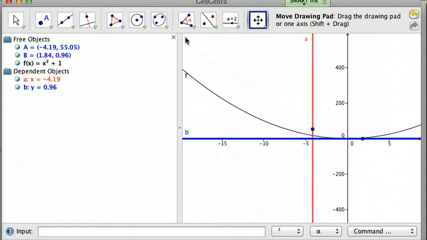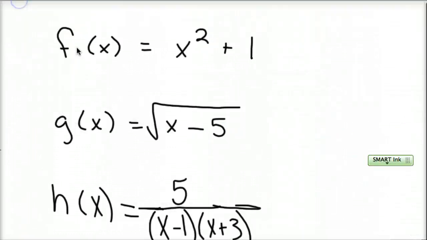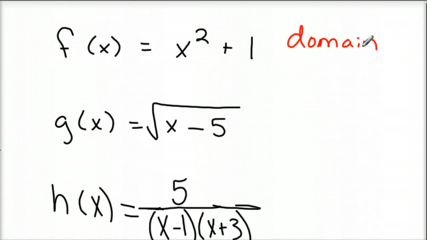So hopefully I've illustrated the point that the domain for this function is all real numbers. And so that's your x values.